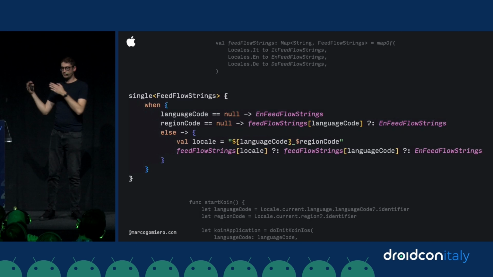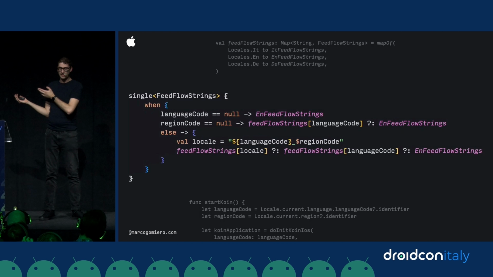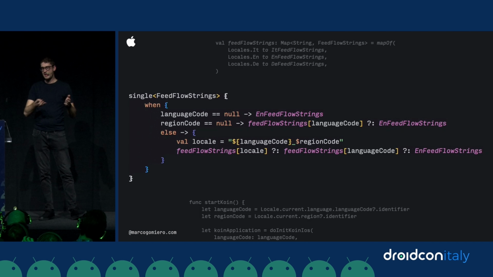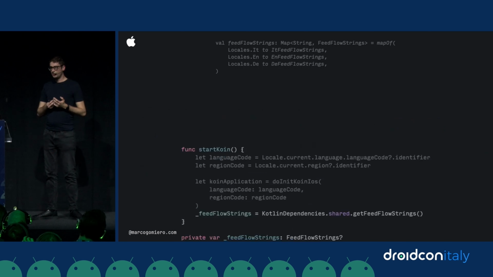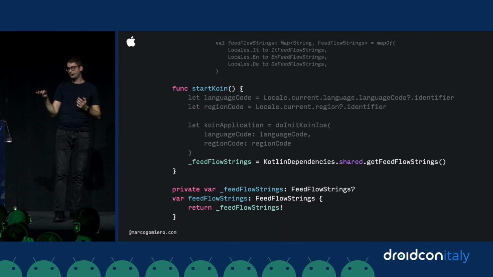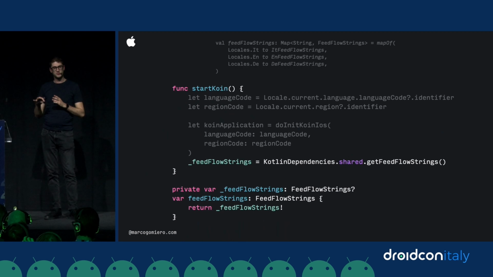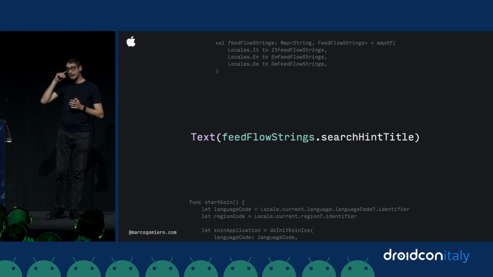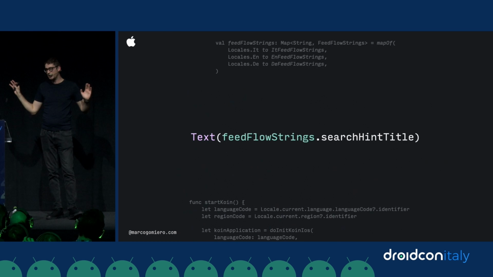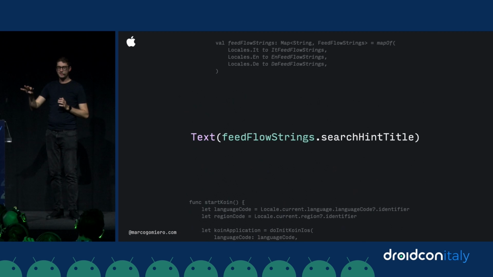Otherwise, I'm building the locale and again getting the translation with different cascading fallbacks. And then I can have this exposed with a super nice static property on iOS. And then on my SwiftUI views, I can just access it and it's working. I can just write this and have the correct translation.